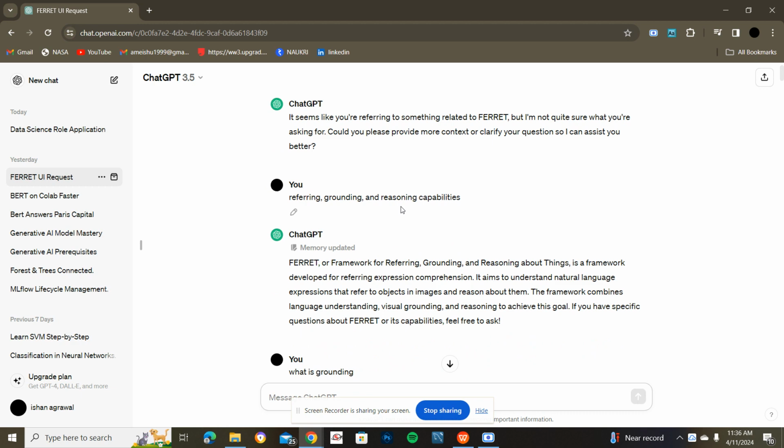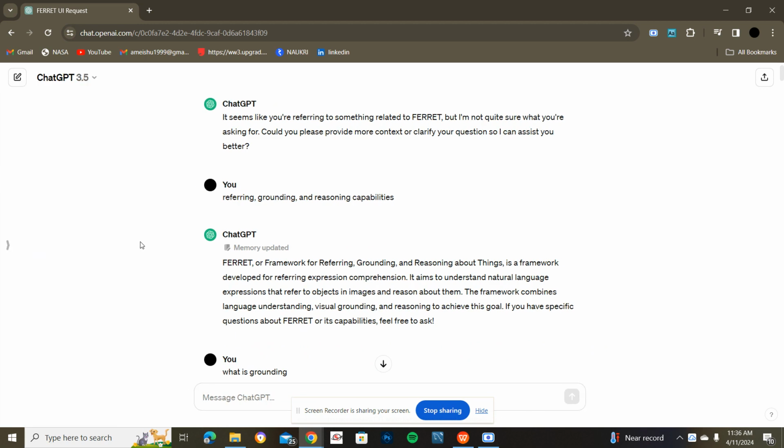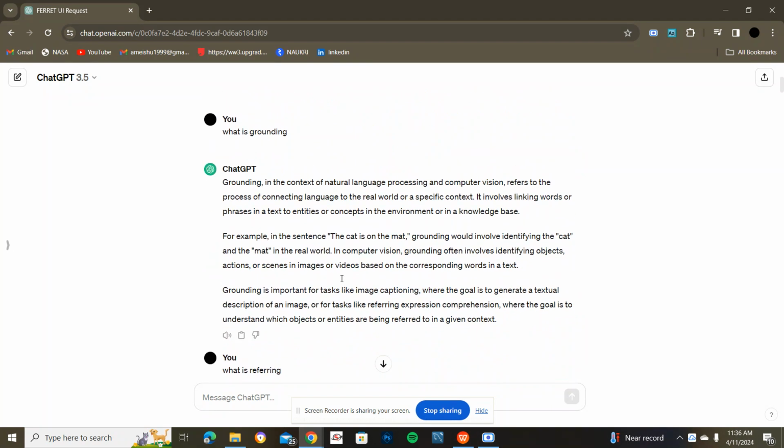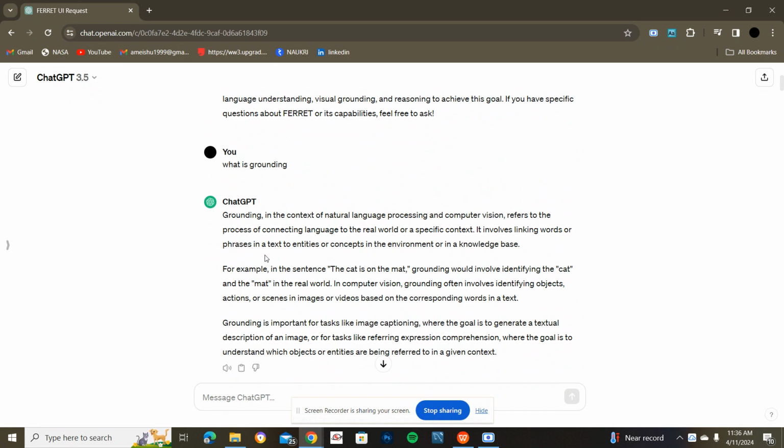So I asked ChatGPT what this means. See, it doesn't give a good description here, but I again asked in a separate context. They said grounding, in the context of natural language processing and computer vision, refers to the process of connecting the language to the real world or the specific context.